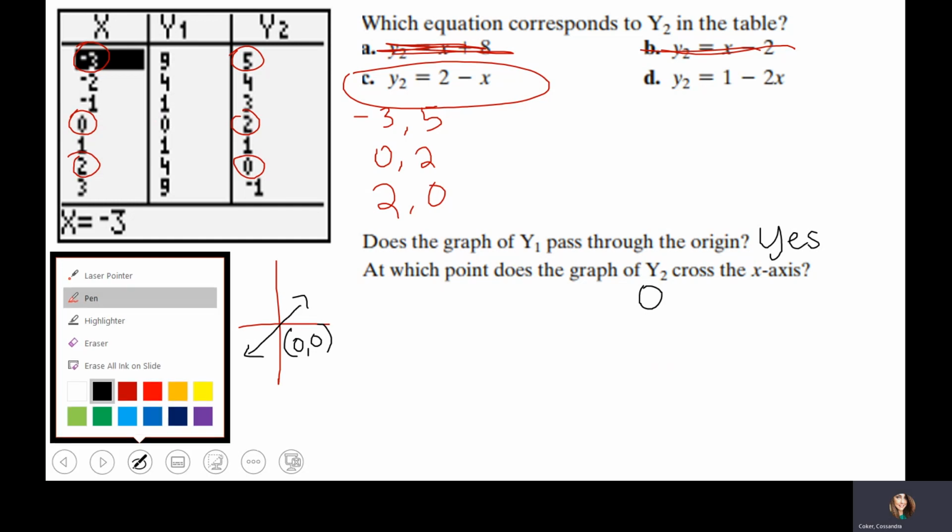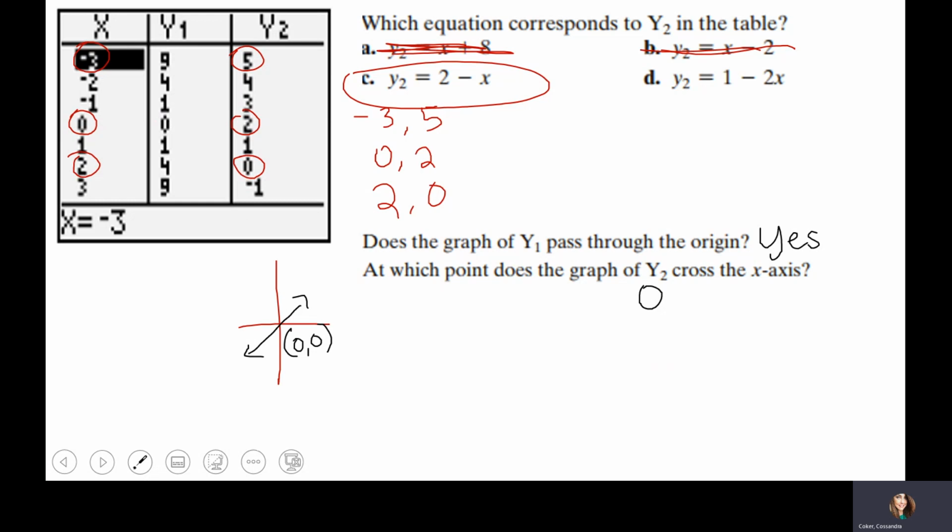So go down to your column and let's find y equals 0. So here I'm looking for where y is 0. And I'm going to go back over to x. So 2, 0 is where the graph of y2 crosses the x-axis. So 2, 0.